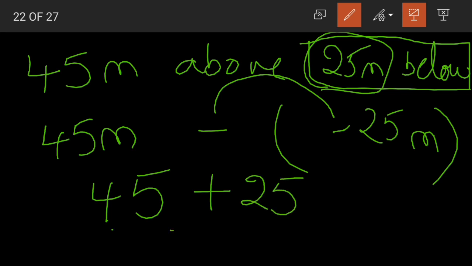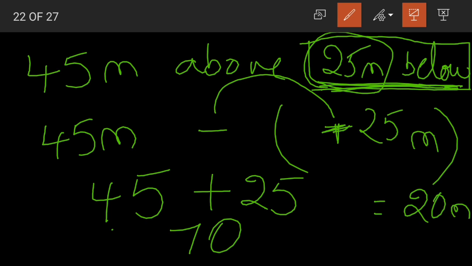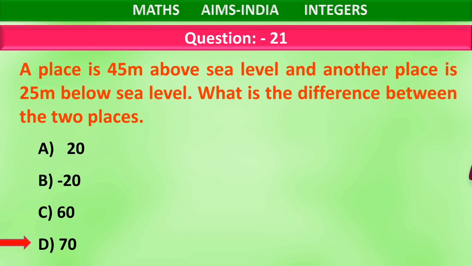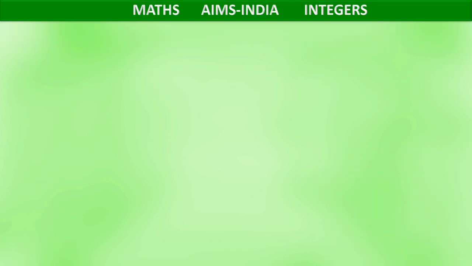What is 45 plus 25? 70, right? Here the main thing to remember was 25 meters below sea level. When we say below sea level, we represent it as minus 25 meters. If you would have taken plus 25 meters here, you would have gotten the answer as 20 meters, which would have been wrong. So you have to remember this carefully. When it says below sea level, you should represent the number in negative.